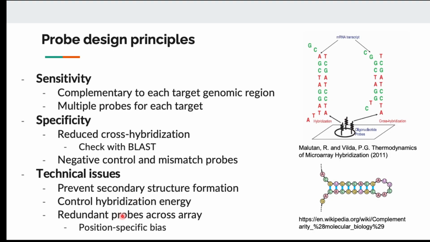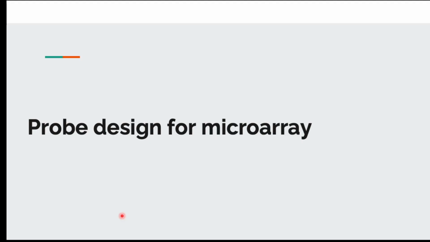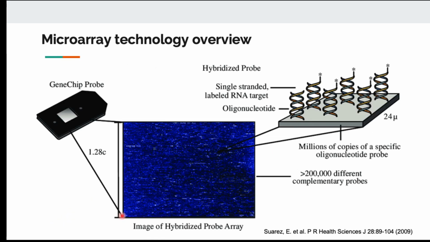And on the array, because we are going to have plenty of locations to put our nucleotides, people are going to put the same nucleotide in several locations so that we can be sure that, if our RNA sample concentration might differ across the chip, and we have probes only in one corner, we might get a bias where we might have low or high RNA concentration in certain locations.